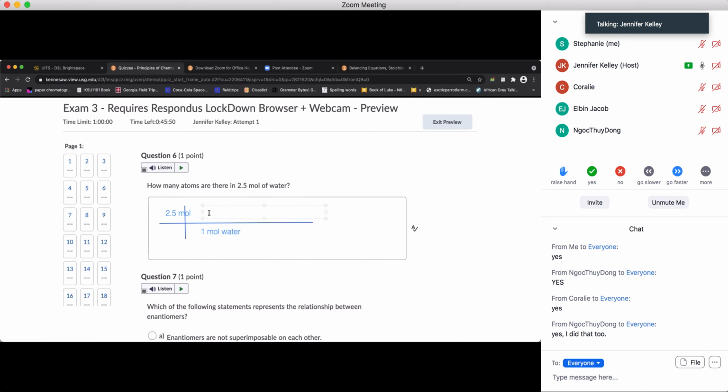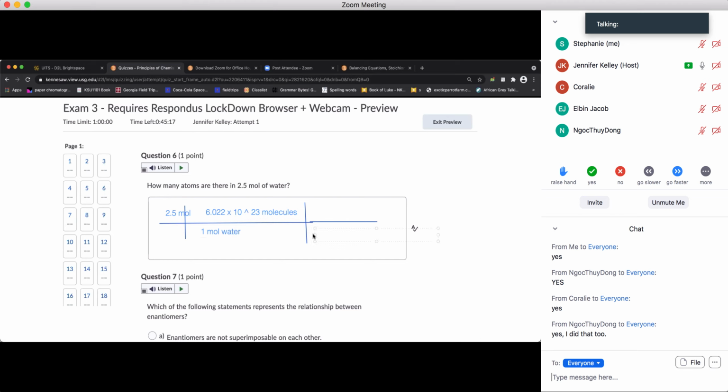Okay, there are Avogadro's number of molecules in 1 mole. All right, I need some more line here. And go back here.